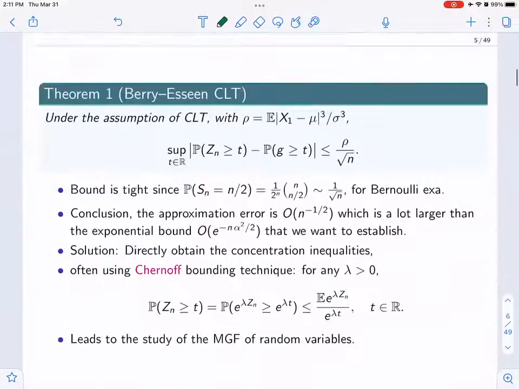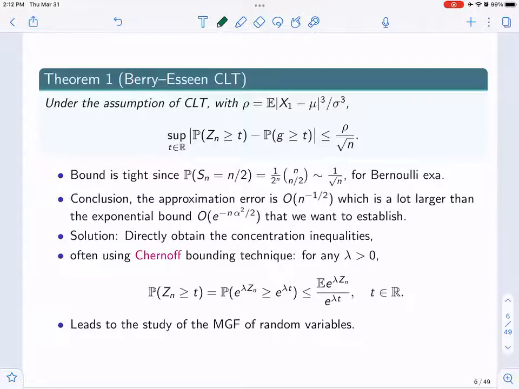And you can show that the error in CLT, basically, the deviation uniformly in t is bounded by rho divided by root n, and rho is, I believe there's a constant. I always miss this. It's not exactly this, but there's a constant here, and people keep improving it. You can check what is the best constant at the moment, and it's not big, but there's a constant.